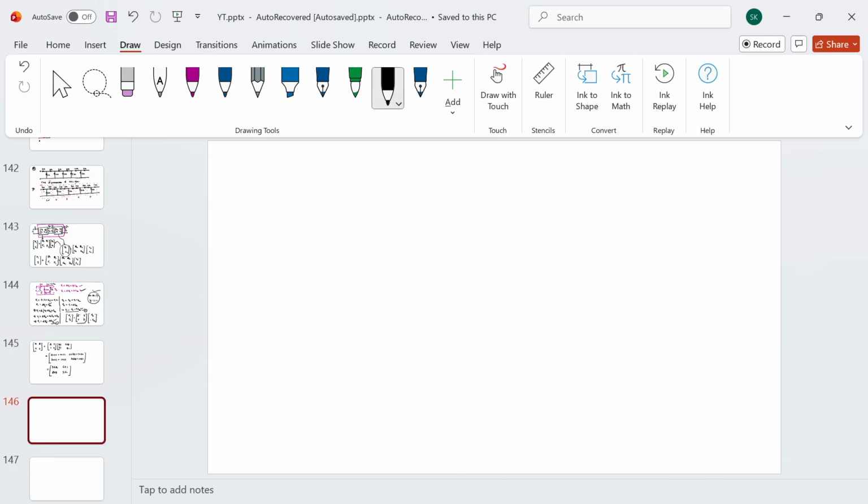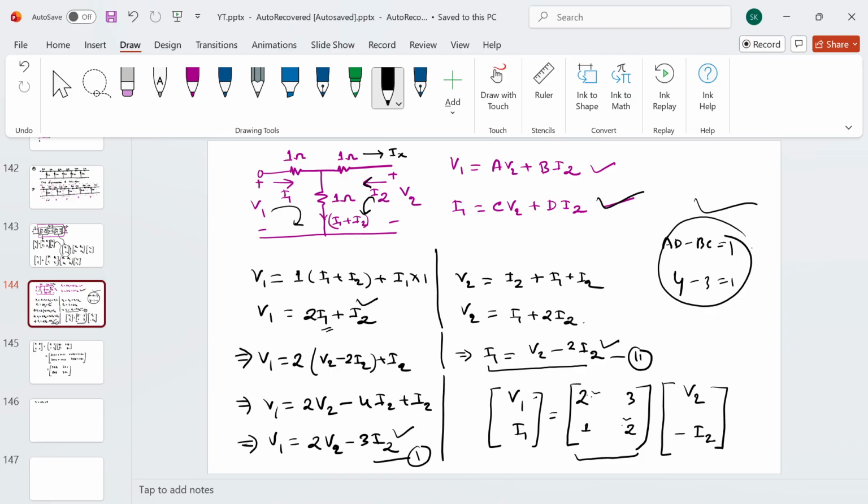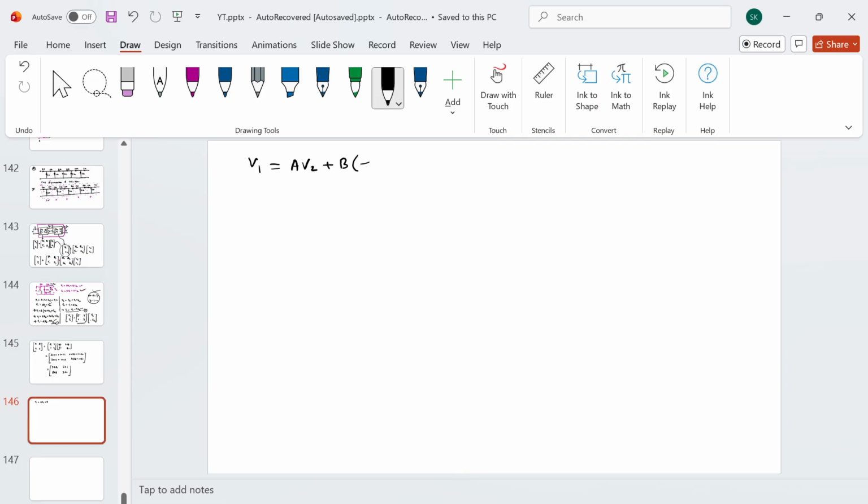See, for the ABCD parameter, the matrix relation is V1 is equal to A V2 plus B. If I consider I2 in the inward direction, then this negative sign will come, right? So minus I2.